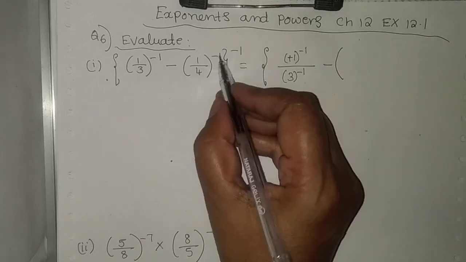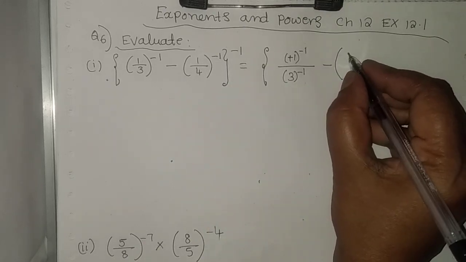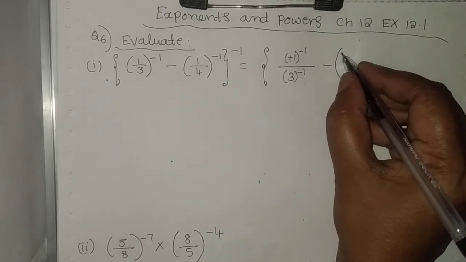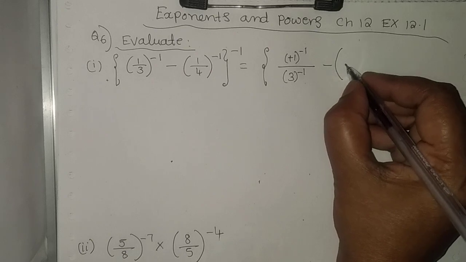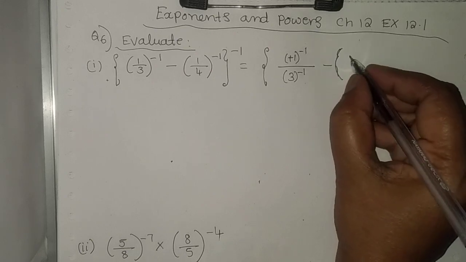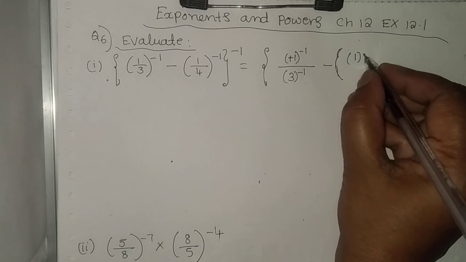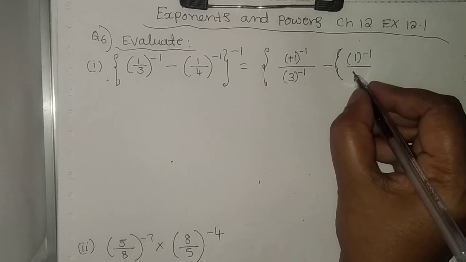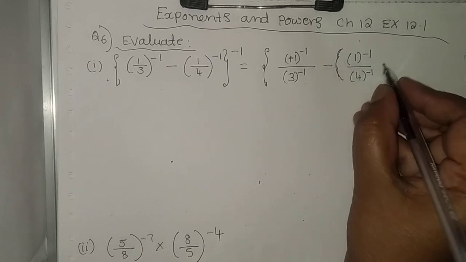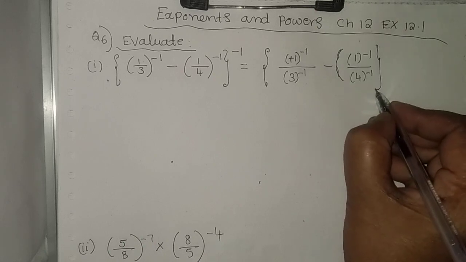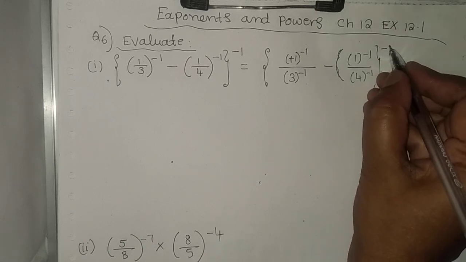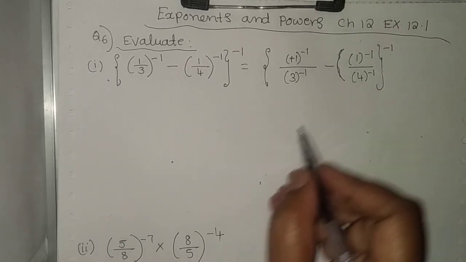Minus of again 1 is there, so we can write it like this: 1 to the power minus 1 over 3 to the power minus 1, minus 1 to the power minus 1 over 4 to the power minus 1, then close the bracket.